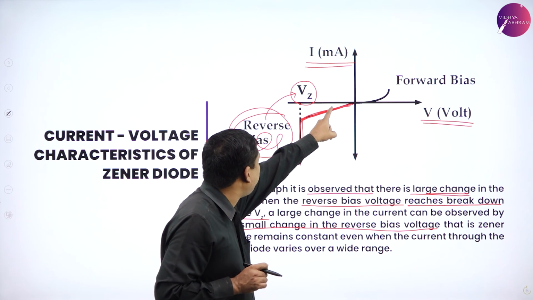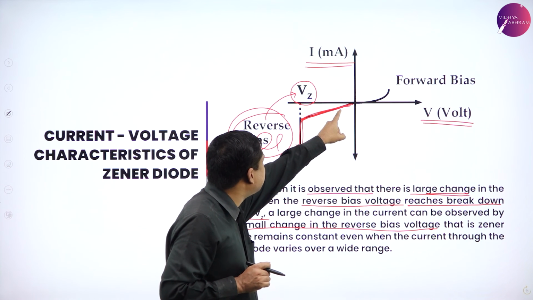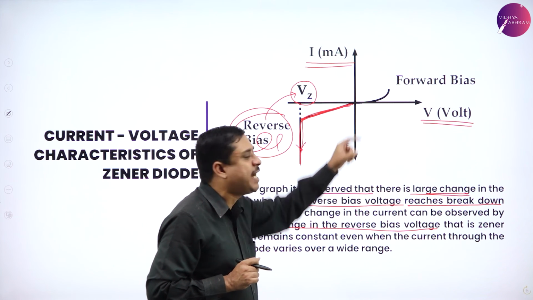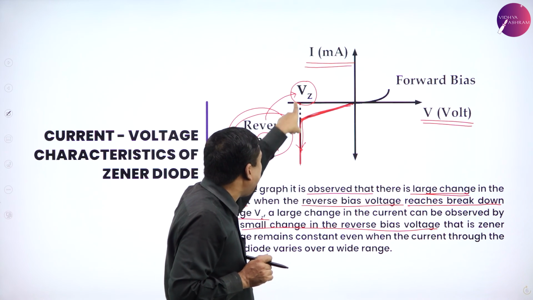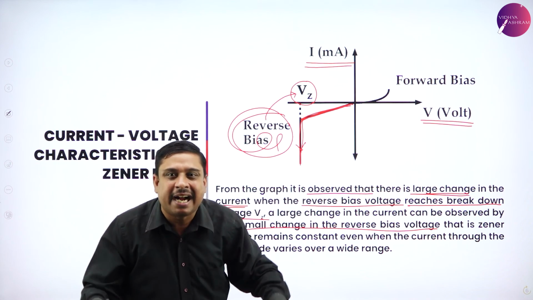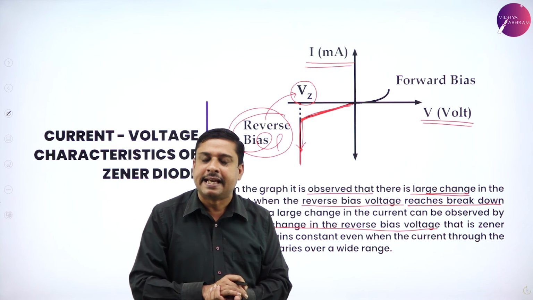For a particular reverse bias voltage, yes, it is somewhere saturated. The moment Zener voltage is attained, there is an avalanche breakdown, a sudden change, and this is the characteristic of a Zener diode.